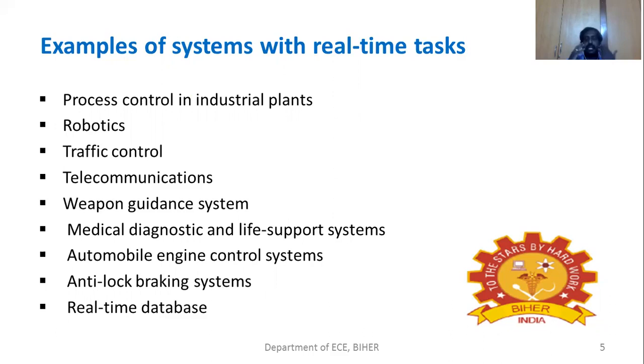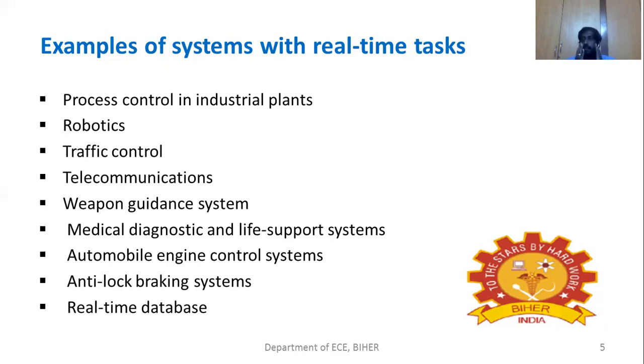And then weapon guidance systems. These are challenging tasks and are also related to quick decisions, so we use a real-time task in weapon guidance systems. Medical diagnostic and life support systems are also related to time.